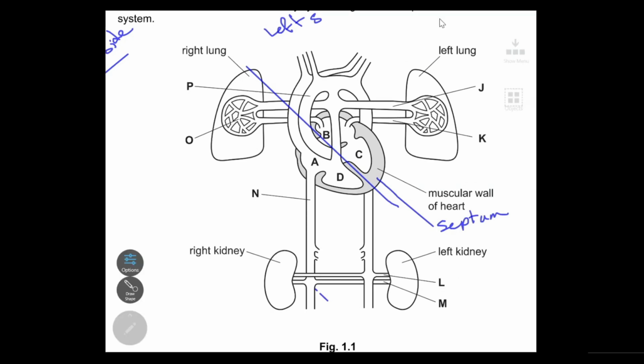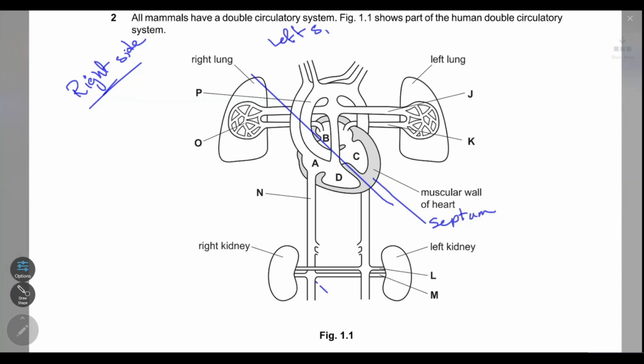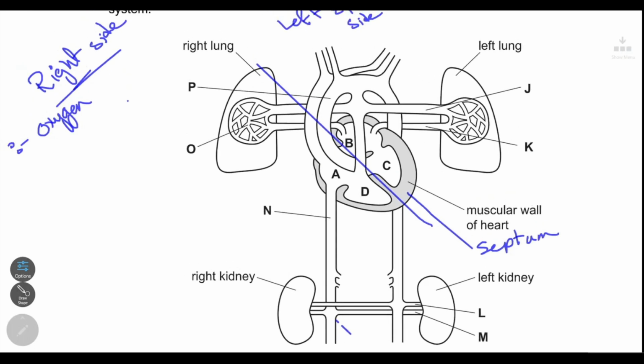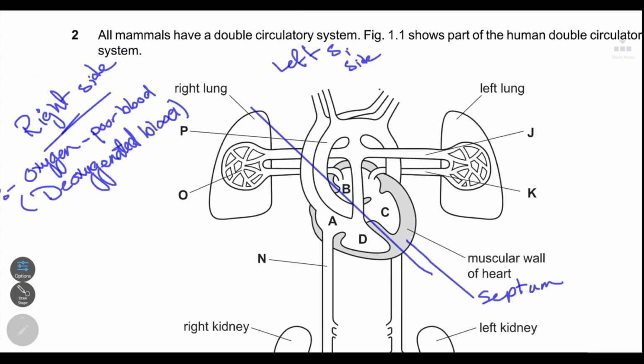The right side is dedicated to oxygen-poor blood, or deoxygenated blood, while the left side of the heart is dedicated to oxygen-rich blood, or oxygenated blood.